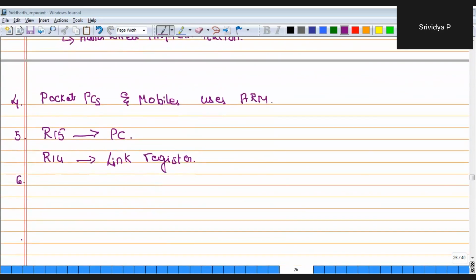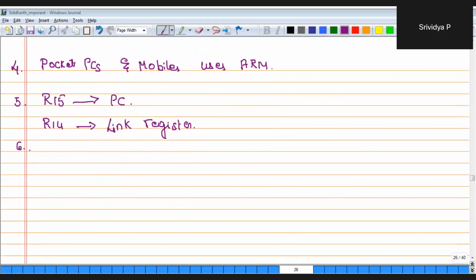Next feature of ARM is with respect to its memory. The ARM processors have both Princeton as well as Harvard architecture.